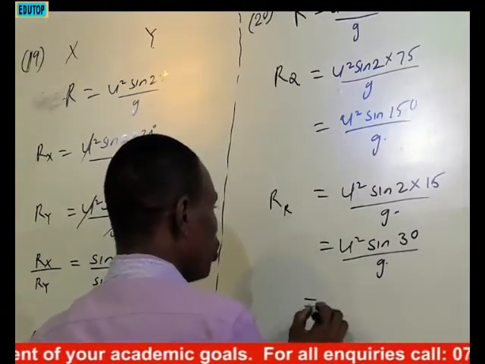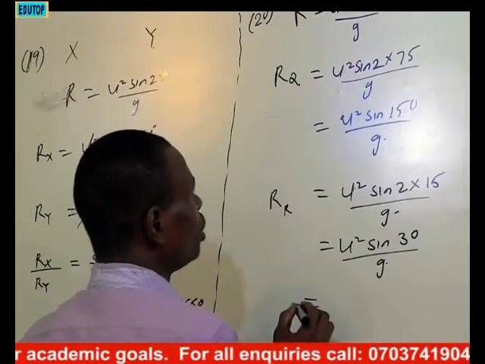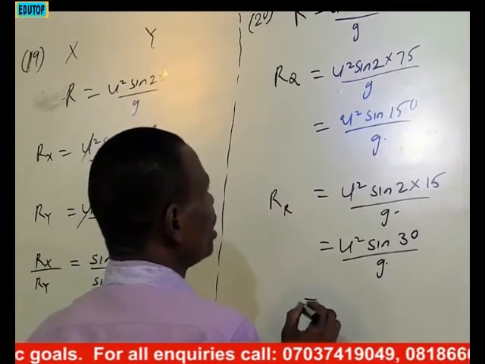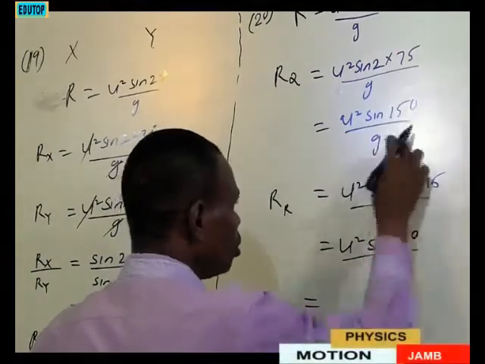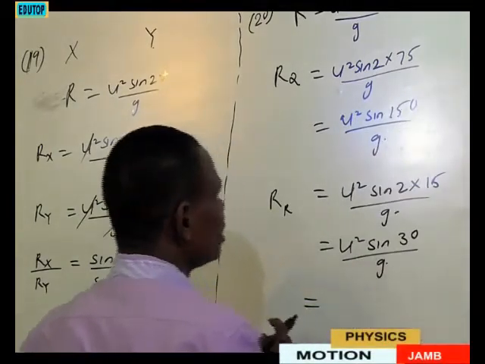So how are we going to get the range for each of them? In this case, we are not given the velocity, and our g is also the same. So what we are going to do is this.